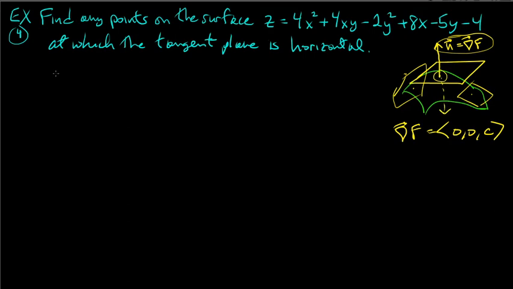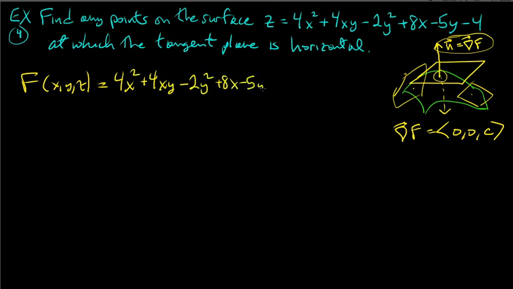Here's the surface again, and remember, you're not taking the gradient of that. You have to write it in terms of capital F. So I'm just going to subtract z from both sides, and write all this down again, minus z, and that's what equals 0.